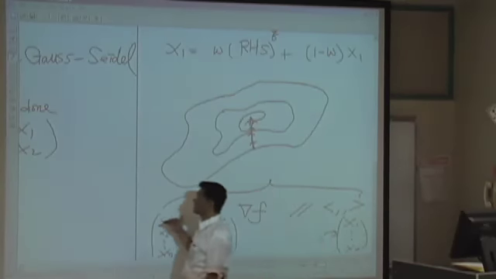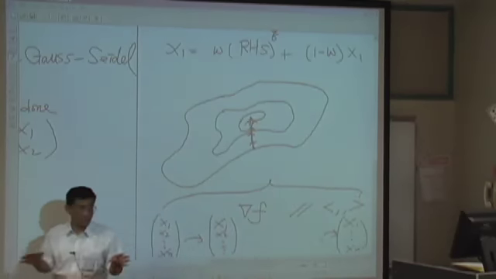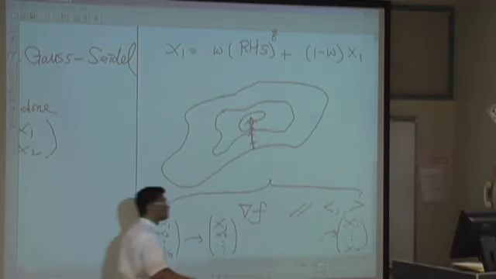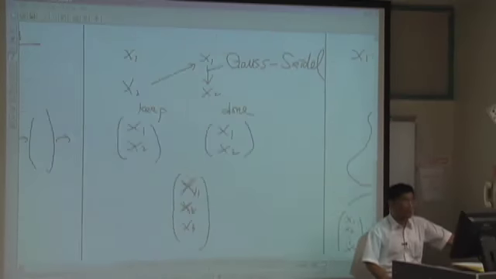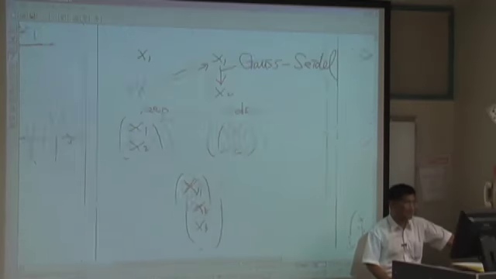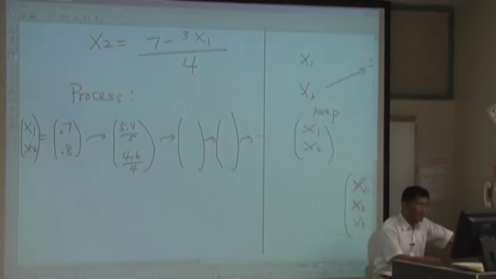Then what else is possible? Up to this point, we were handling linear cases, right? We were handling linear cases. But what if the problem is not linear? In other words, x1 squared plus x2 equals 5. x1 plus 5 x2 equals 3.